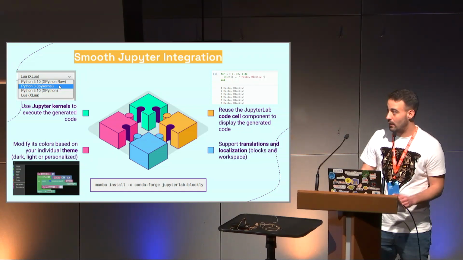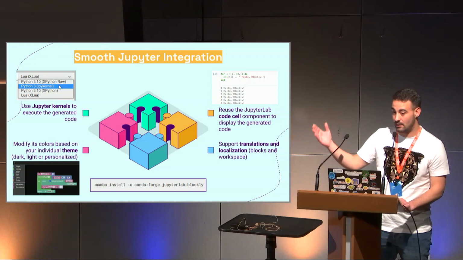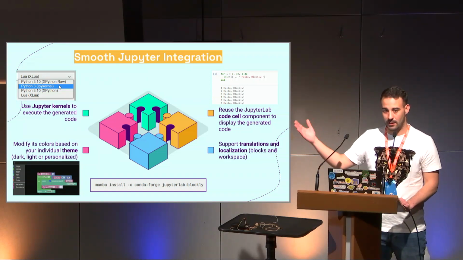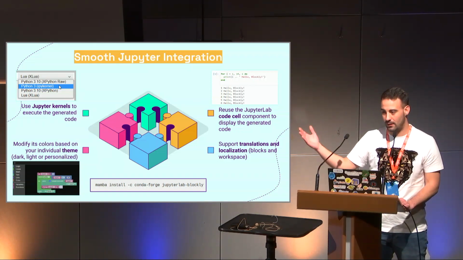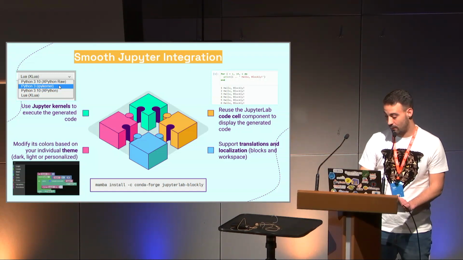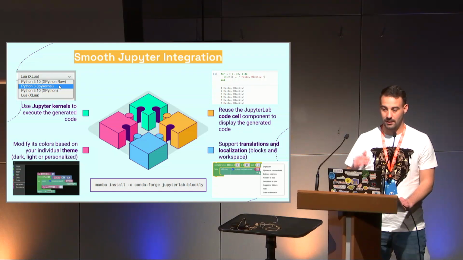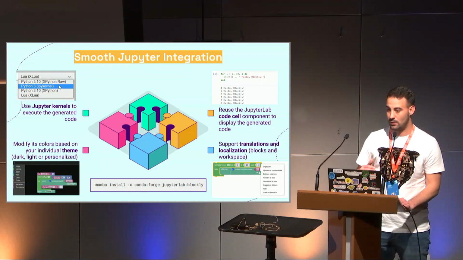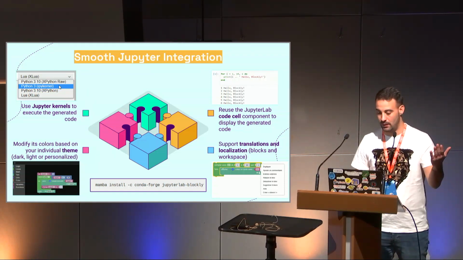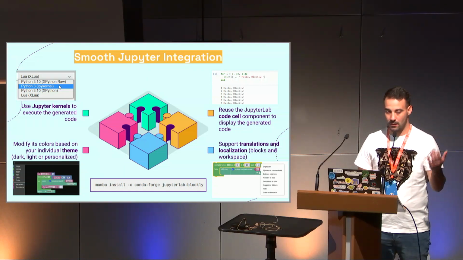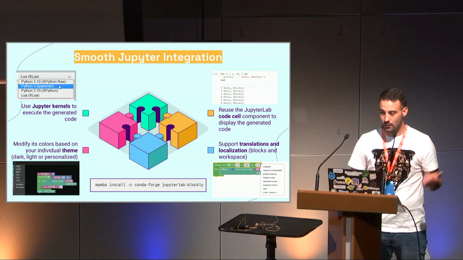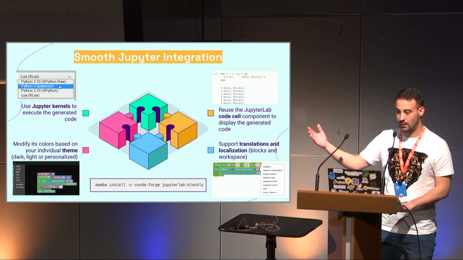That way, whenever a user installs any theme, it automatically works in Blockly. And it's the same for translations. We took the list of different languages that Blockly supports, and we are listening for the language in JupyterLab, and whenever the user changes the language, we automatically update the language in Blockly.